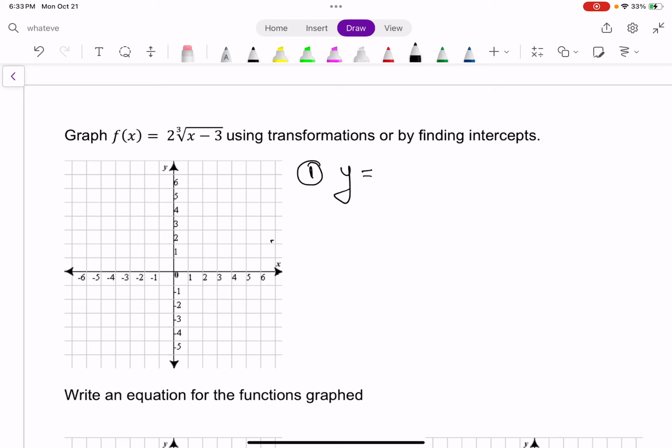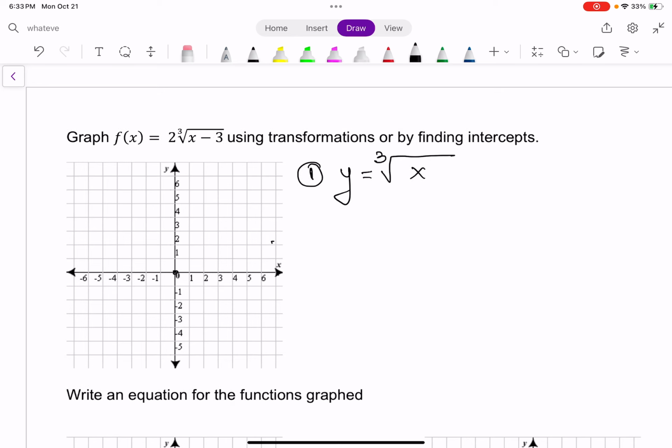But if you do want to find points, you would need more than just those intercepts. So here's our cube root function. And it is a cubic function sideways, by the way. So if you look at it, it looks like the cubic function sideways. This time over the whole domain, there's no restrictions to cube roots or to cubes, right? The domain and range are all real numbers.